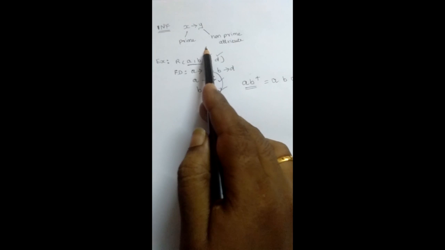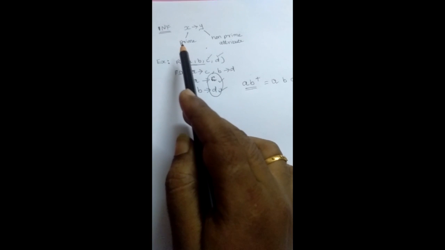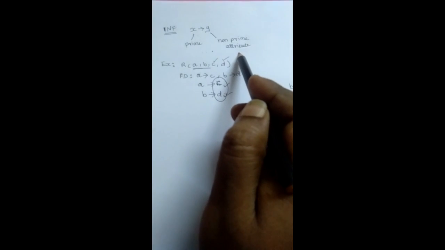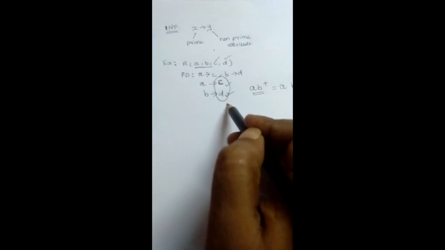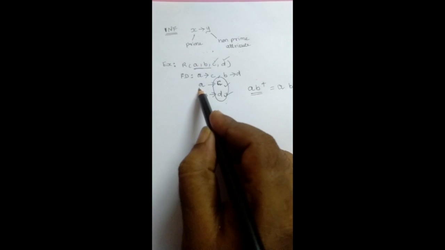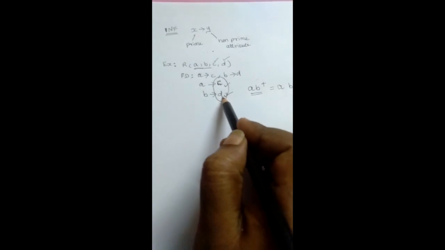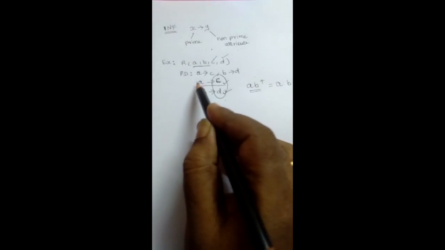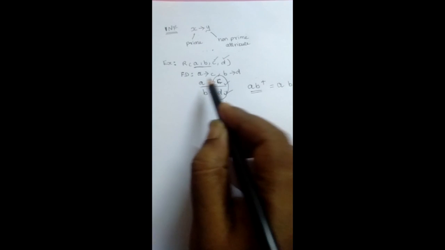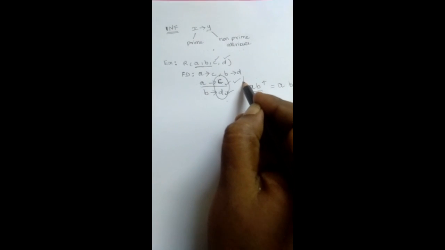When we consider this rule, if the functional dependency is in first normal form, the left hand side part should be a prime attribute and the right hand side part should be a non-prime attribute. Here A is a prime attribute, B is a prime attribute, and C and D are non-prime attributes. In the first functional dependency, the left hand side contains a prime attribute and the right hand side contains a non-prime attribute, so it satisfies first normal form.